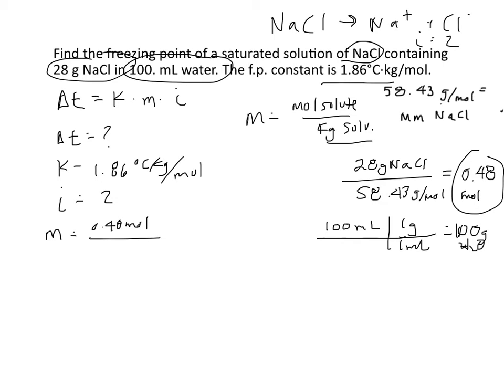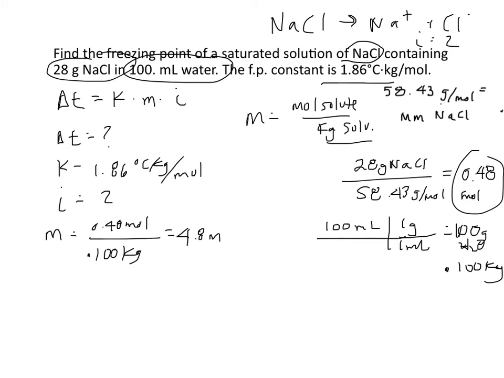If I convert that to kilograms, I'm going to have 0.100 kilograms. I just moved the decimal point. Now when I do the quick division, I'm going to get a molality value of 4.8 molal.